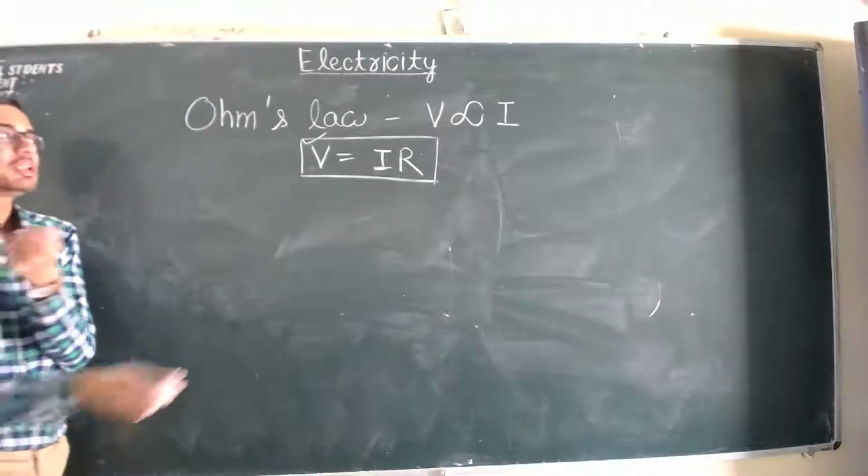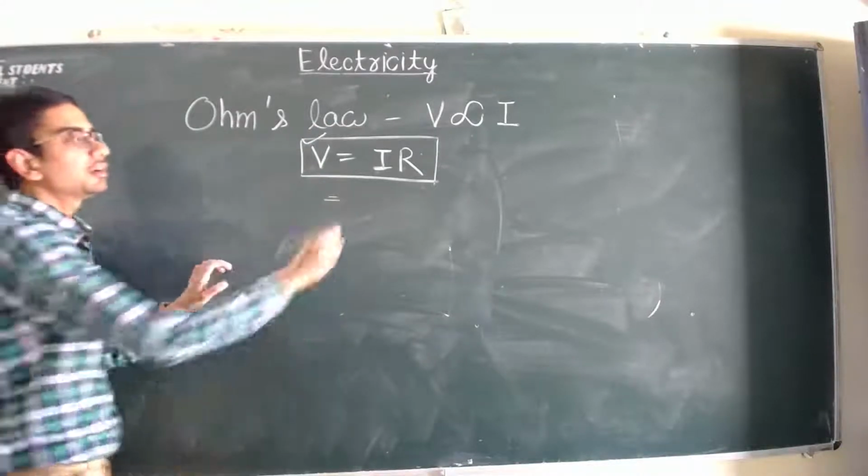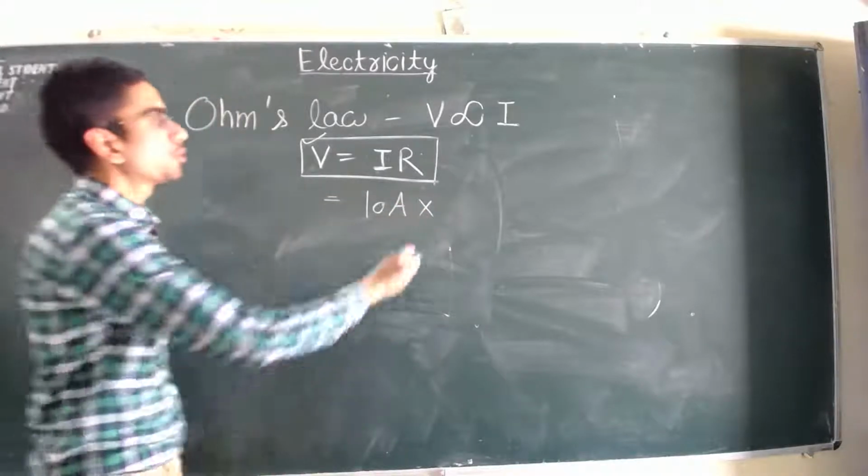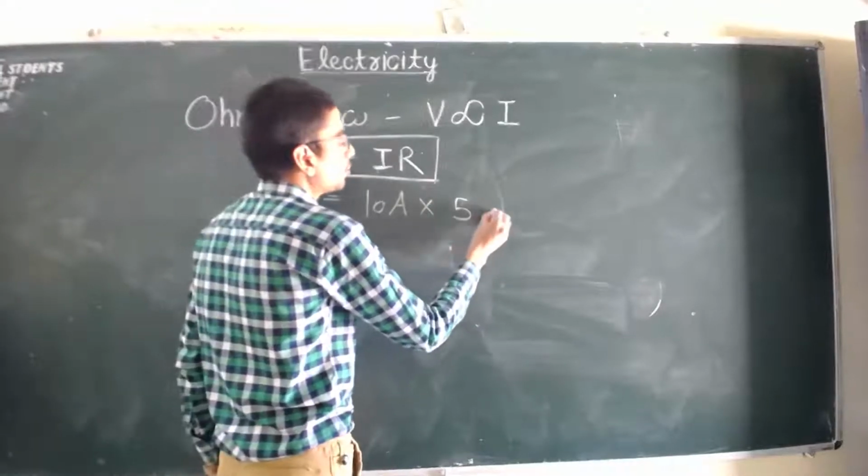All right. For example, if it is given that 10 ampere of current flows through a resistance of 5 ohm.